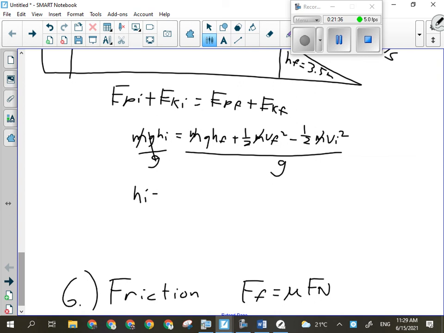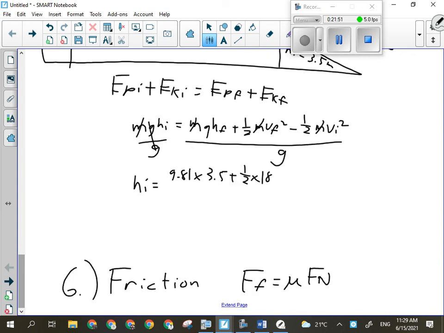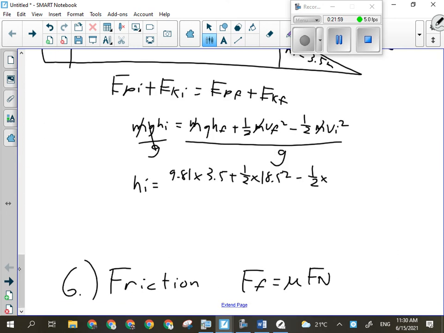So my initial height will be 9.81 times 3.5 plus 1/2 times 18.5 squared minus 1/2 times 3.2 squared, divided by 9.81.